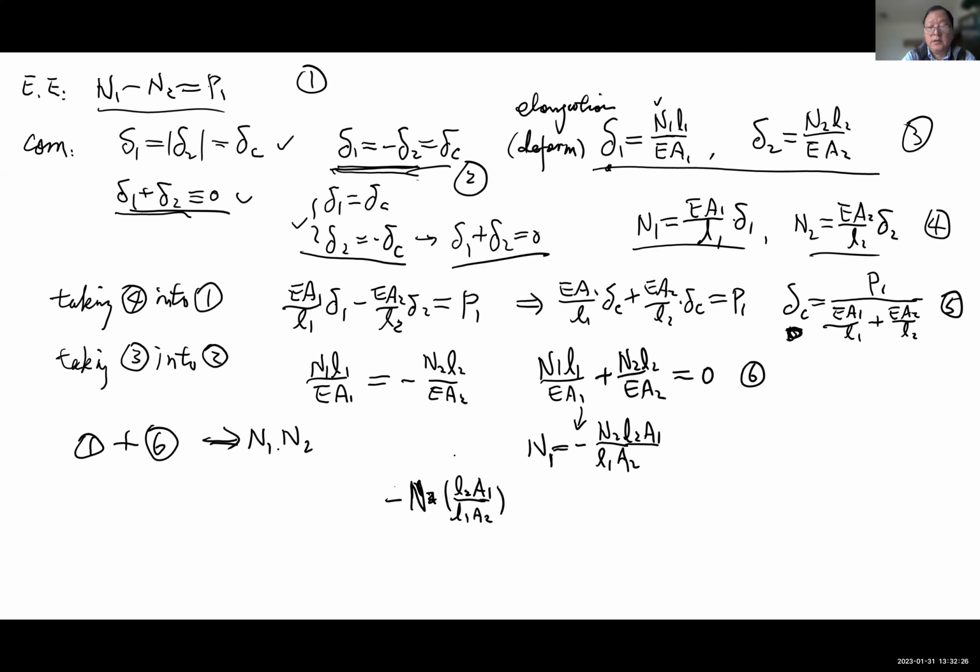This is N1, then minus N2 equals P1. Now N2 is the only variable, so you can find N2. Once you find N2, you find N1. So, problem solved.